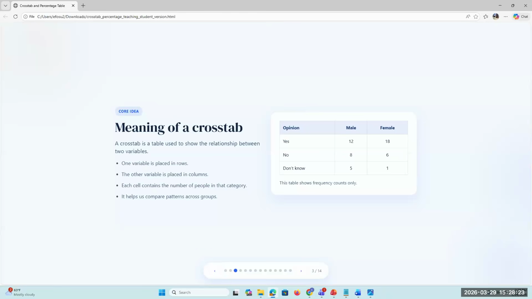The opinions here show what a male is saying, what a female is saying, yes, no, or don't know. Imagine we had the same thing written out in sentences; you may not like how it is when written down, but in a tabular form you can easily make an assertion about what you are seeing. So that table helps you do that analysis.